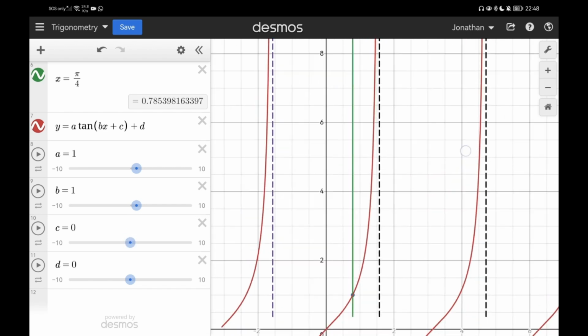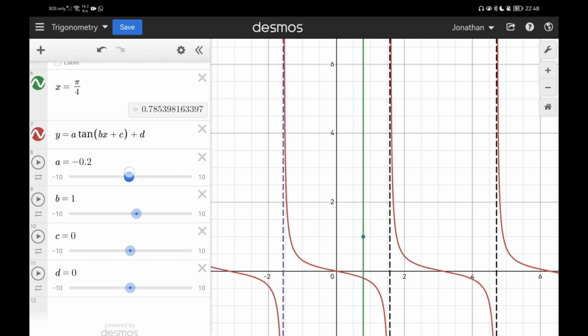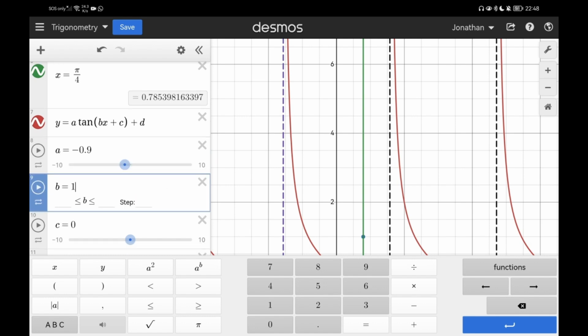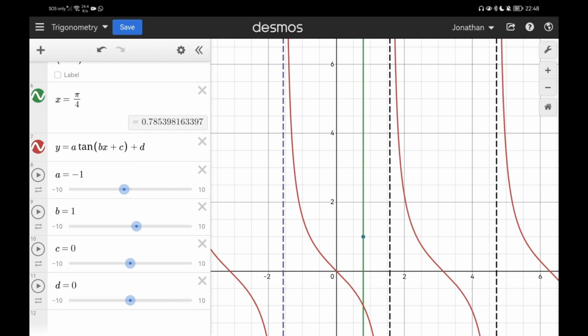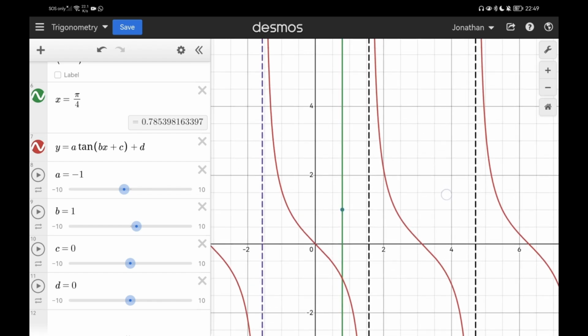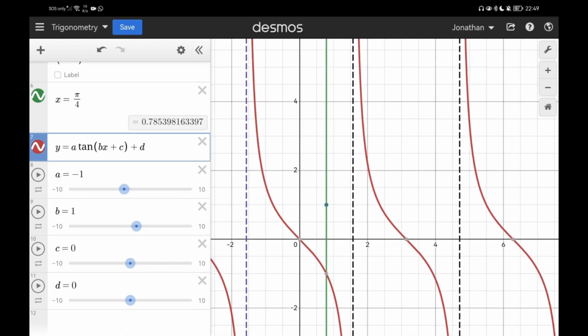Now let's visualize the reflection of the tangent graph. Let a become negative over here. What you can observe is that the original tangent graph reflects in this way, as I mentioned just now. Because it reflects on the x-axis, the negative part reflects upwards and the positive part reflects downwards.